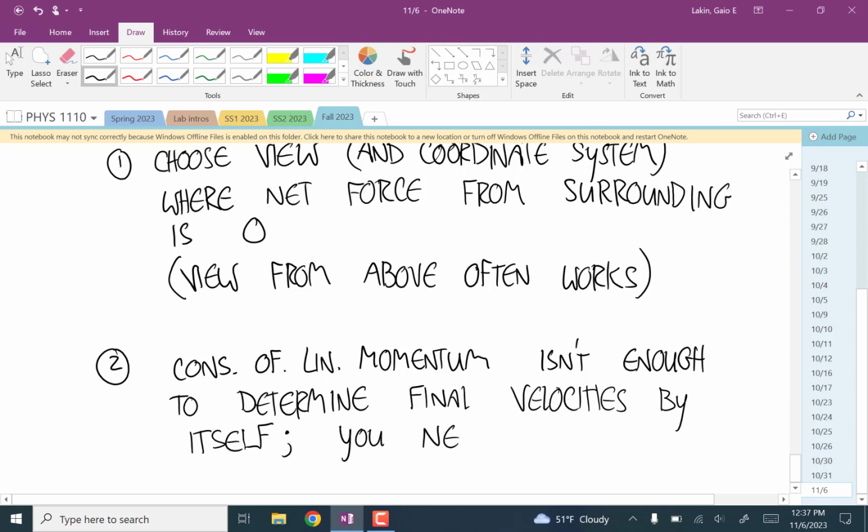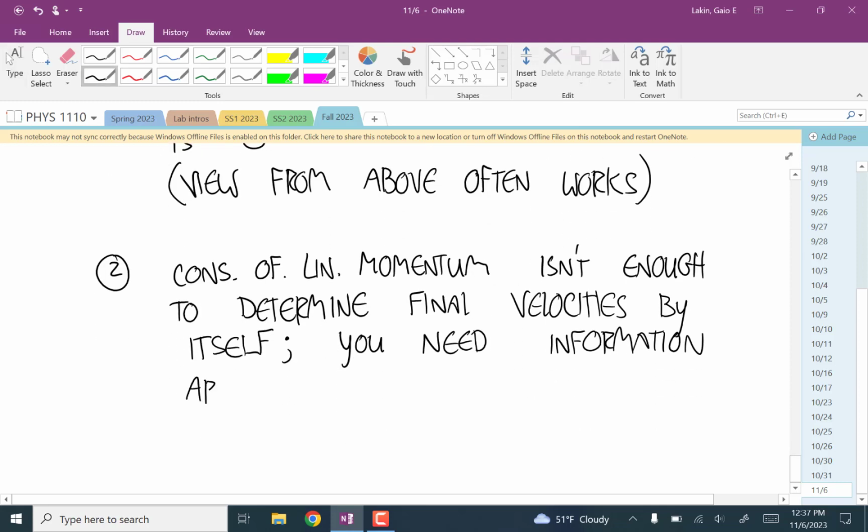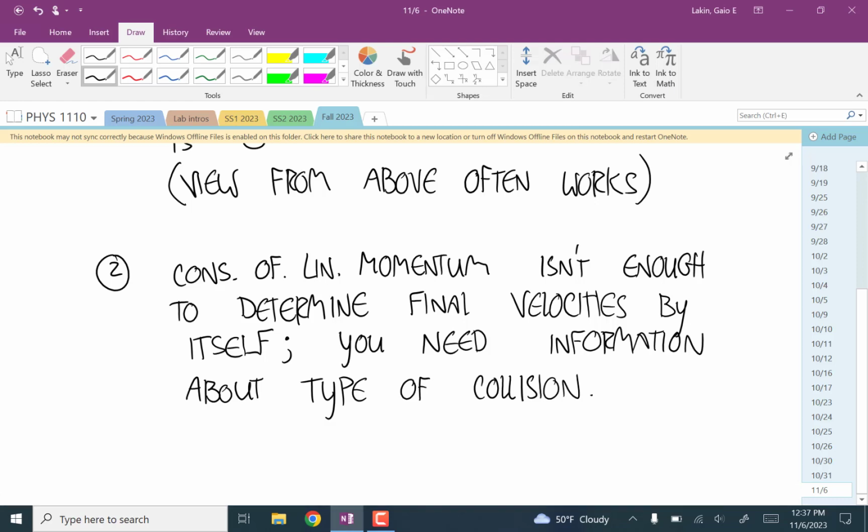You need information about the type of collision. So say you have two objects and you know the masses of the two objects. Say one's 1 kilogram and this is 2 kilograms, and you know the velocities of things before they collide with each other. What are the velocities going to be after the collision is over?